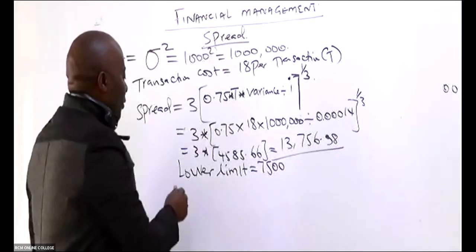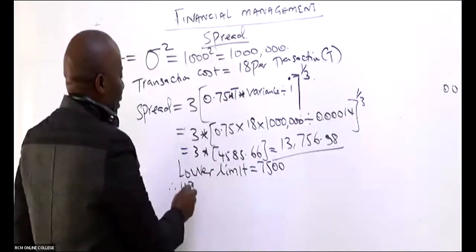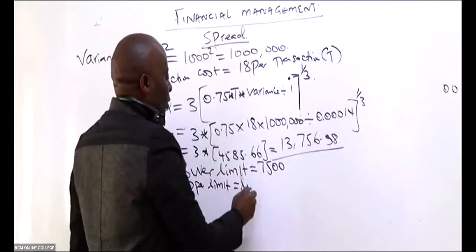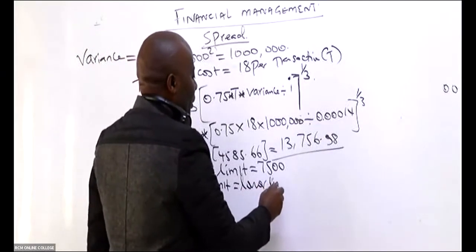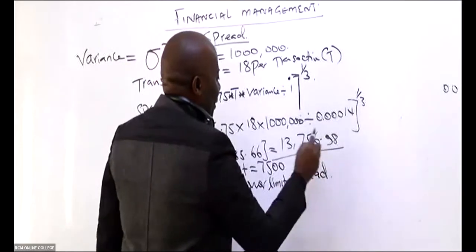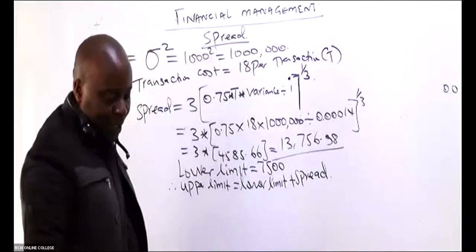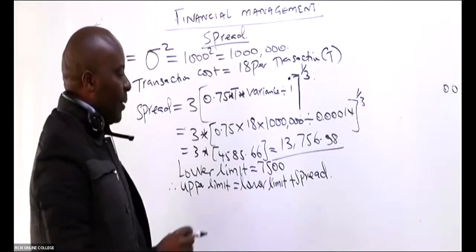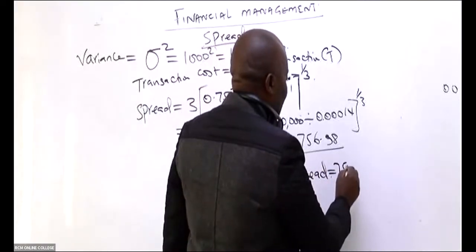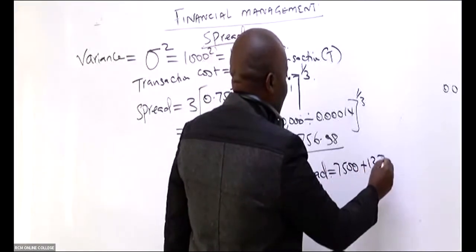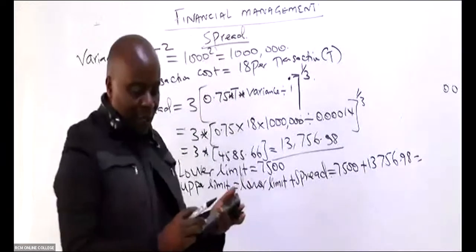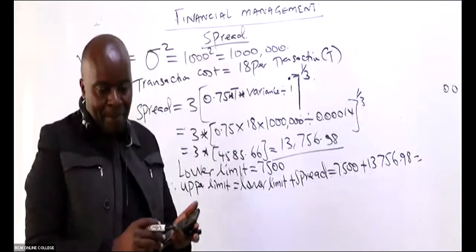So therefore the upper limit will be the lower limit plus the spread. So we have 7,500 plus 13,756.98.